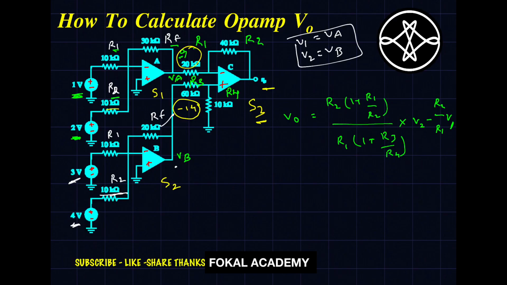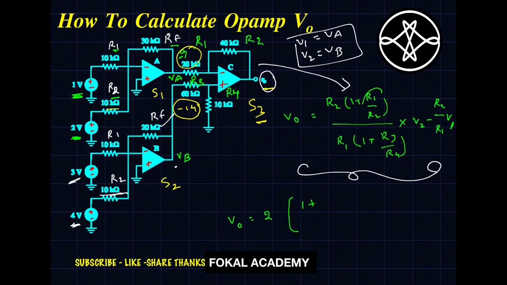Now substitute all the values in this formula and we will get the output voltage. Because it is a difference amplifier, this is a standard formula for finding the output voltage. So let's substitute all the values here. It becomes V0 equals, R2 is 40k, by R1 which is 20k, nothing but 2, into overall (1 plus R1 by R2).